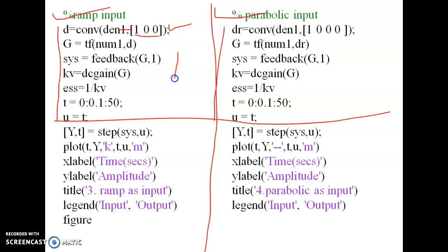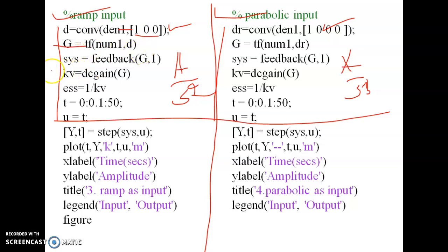If you are adding the ramp input, the gain constant will be A divided by s square. If you are adding the parabolic input, the gain constant will be A divided by s cube. A is the gain constant. So that's why here we can write the cubic equation. Here quadratic. So g is the representation of the transfer function.